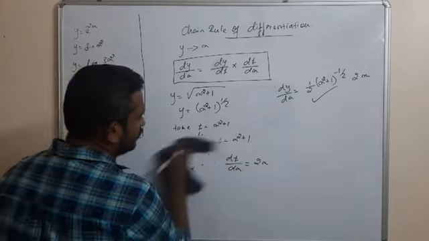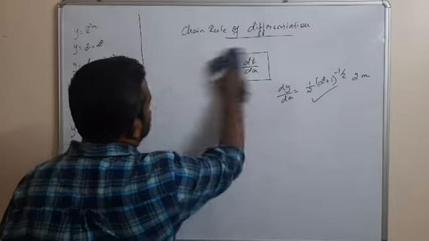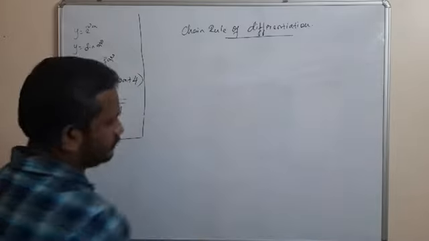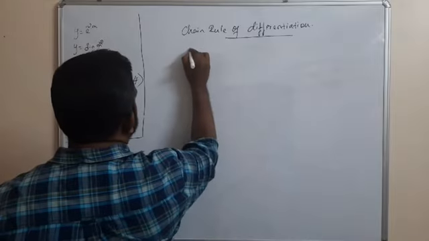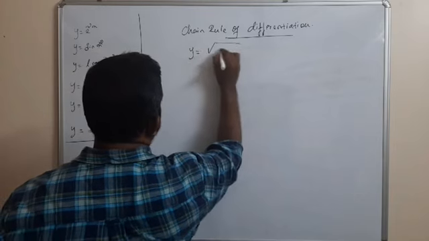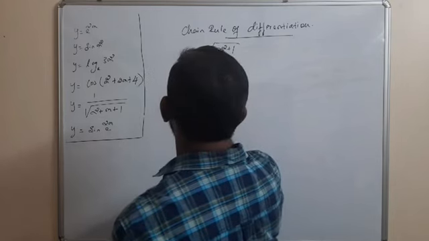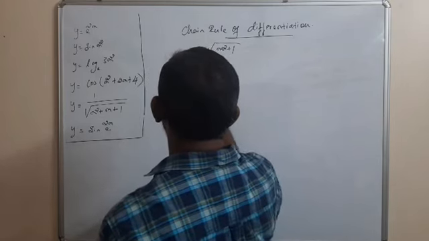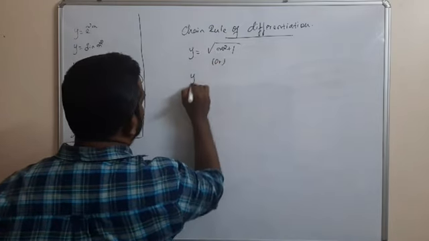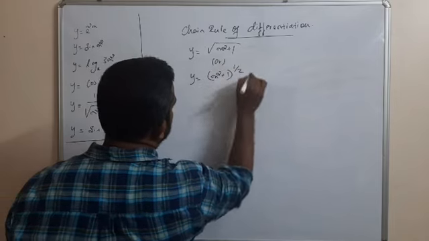In a simple method we can do it another way, no need to take t is equal to some other function. So y is equal to root of x square plus 1, or y is equal to x square plus 1 the whole power 1 by 2.